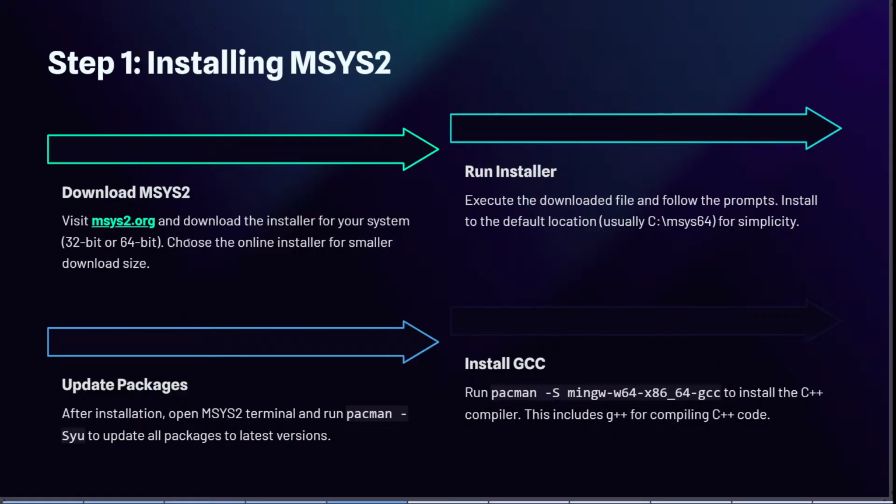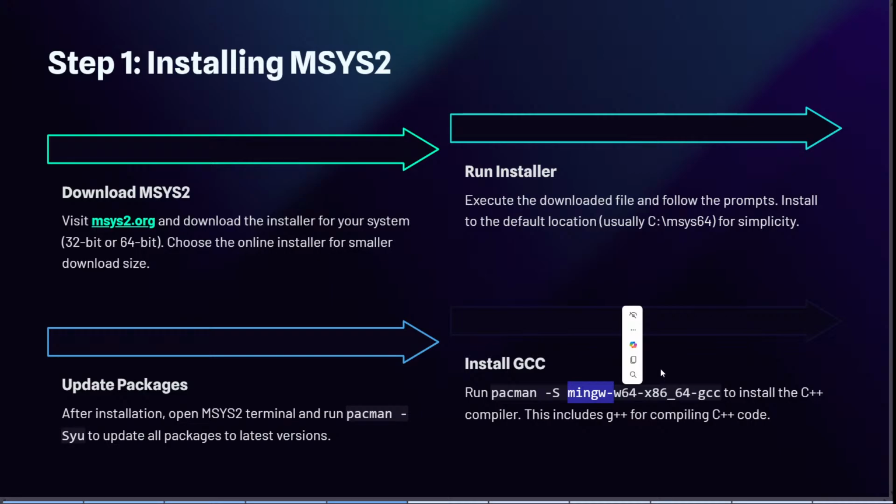We install it on our Windows machine, and after we have installed that, it will open for us a terminal, in which we are going to run the Pacman manager, and then we update our packages. After we have updated the packages, we're going to install our GCC compiler or the GCC tool using this command here, pacman -S, and then the toolchain we're interested in is this mingw-w64.